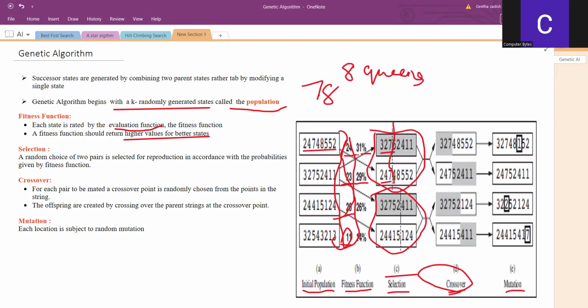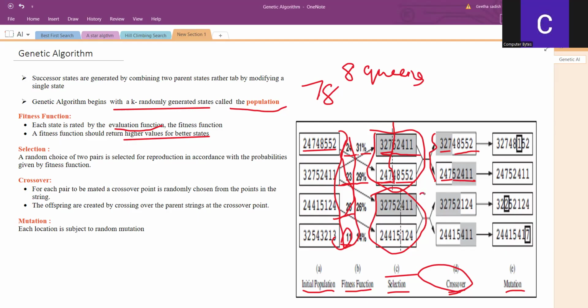After the crossover point has been chosen, it produces 2 offspring in such a way: the first 3 digits from the first parent and the remaining 5 digits, 48552, from the second parent. And how is this offspring formed? First 3 digits from the second parent and the remaining 5 digits from the first parent. Likewise, from the first pair, you have crossed over and produced the states.